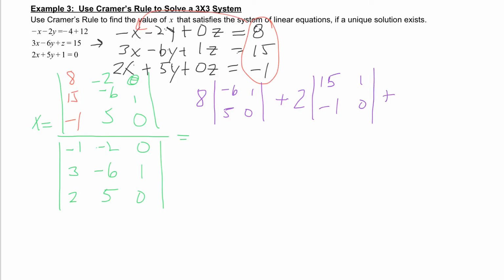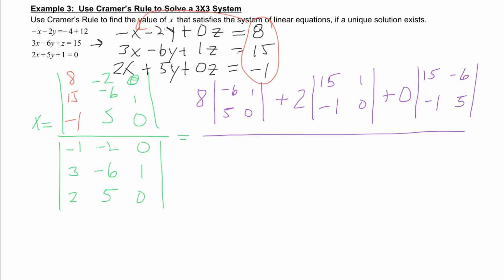And then I'm going to add on to that my last number, which is 0, times the determinant. So if I cross these out, my determinant I'm taking is these 4 numbers right here. So I have 15, negative 6, negative 1, and 5. That's my numerator.